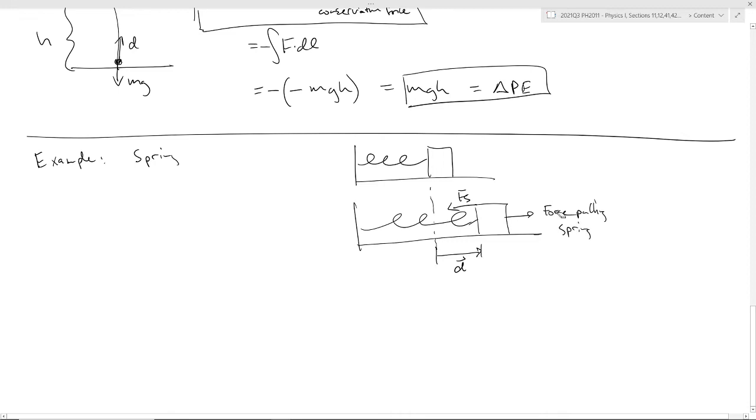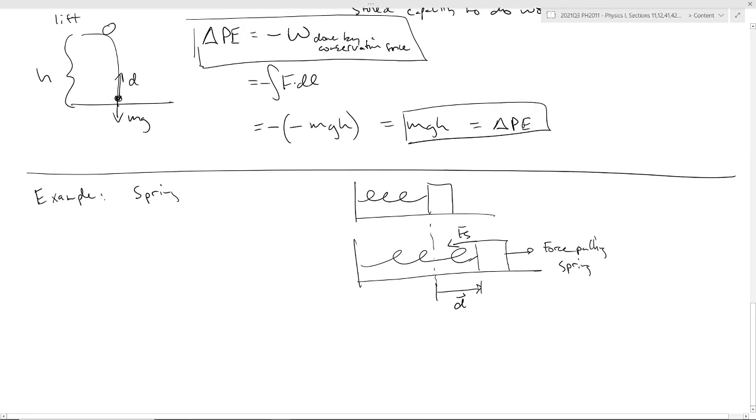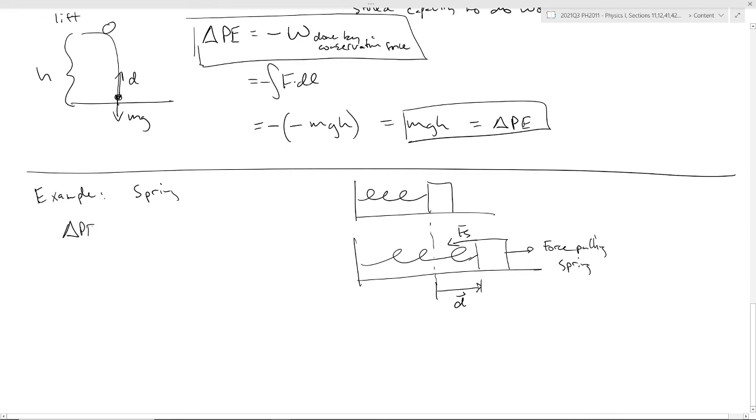Now let's apply this definition that we have, that the change in potential energy is equal to the negative work done by a conservative force. In this case it's going to be the spring, and this is one of the essential examples of a force that isn't constant, so we're going to have to integrate.